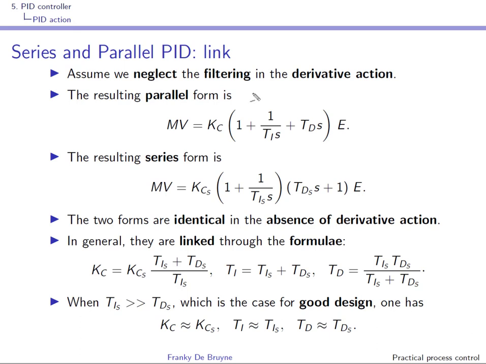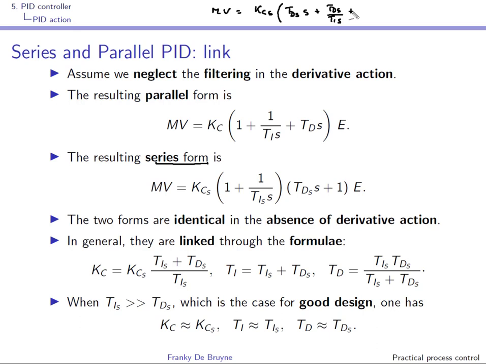What we'll do now is write the series form as a parallel form, so we'll have a link between the parameters in the series form and the parameters in the parallel form. Remember that in the other direction it will not always work. So this series form can be written as MV is equal to KCS times (TDS times S plus TDS over TIS. The S over here will cancel out.